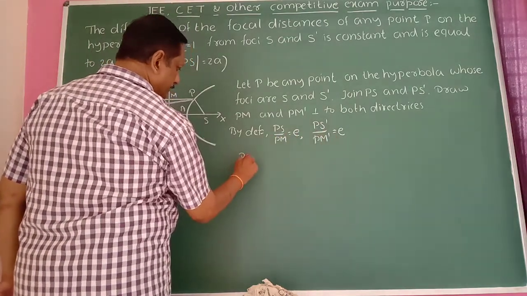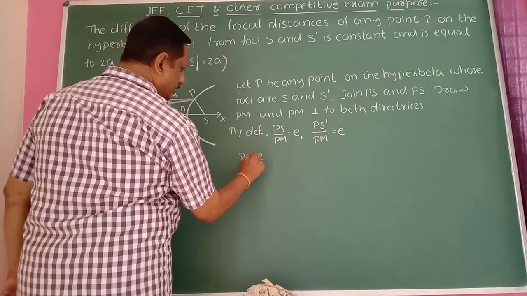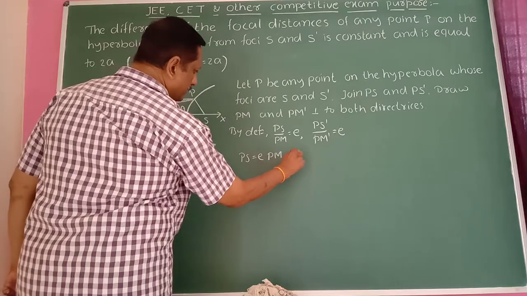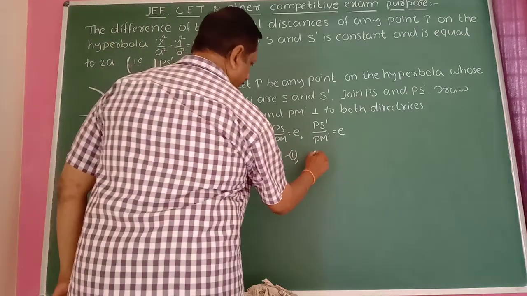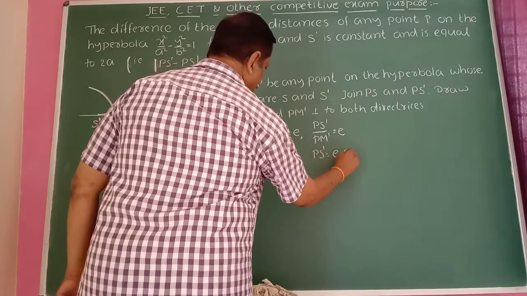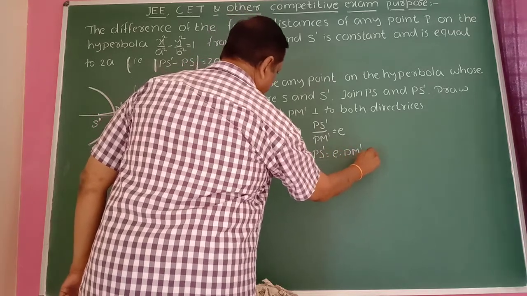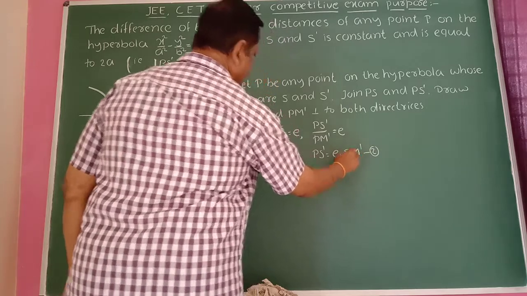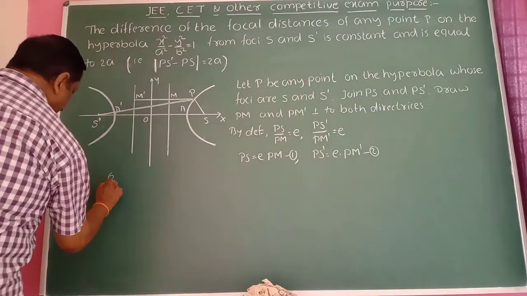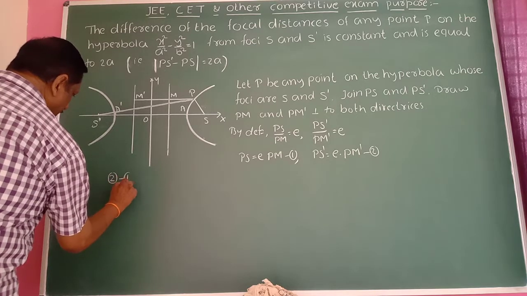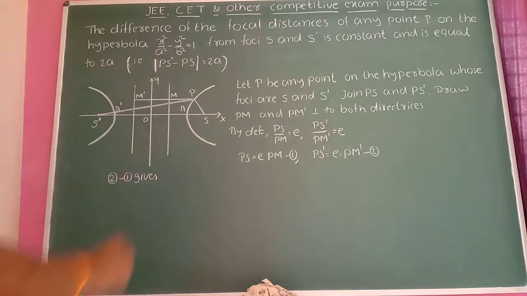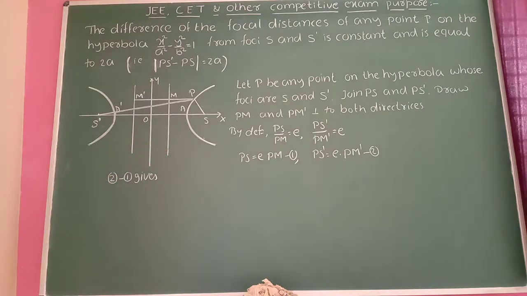So PS is equal to e into PM; take this as equation number 1. Similarly, PS dash is equal to e into PM dash; take this as equation number 2. Then subtracting, equation 2 minus equation 1 gives the following.